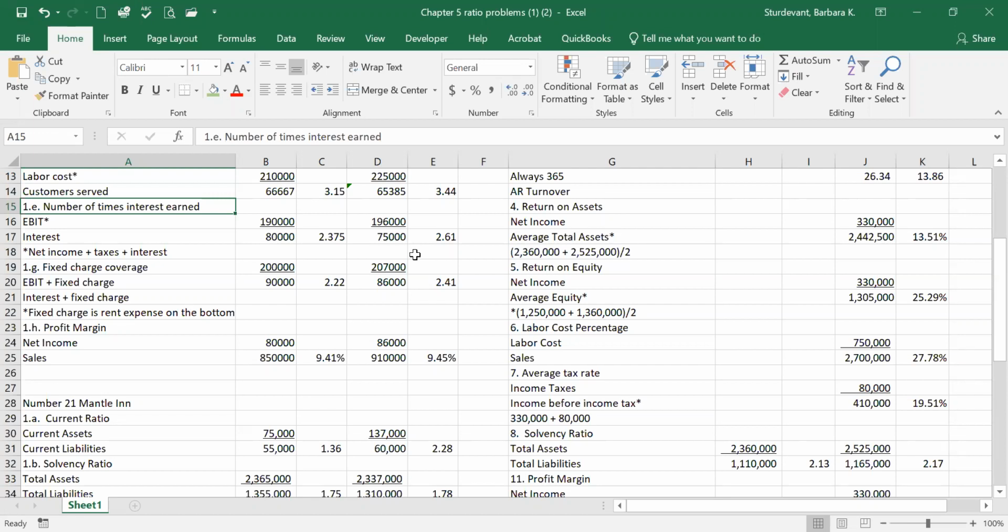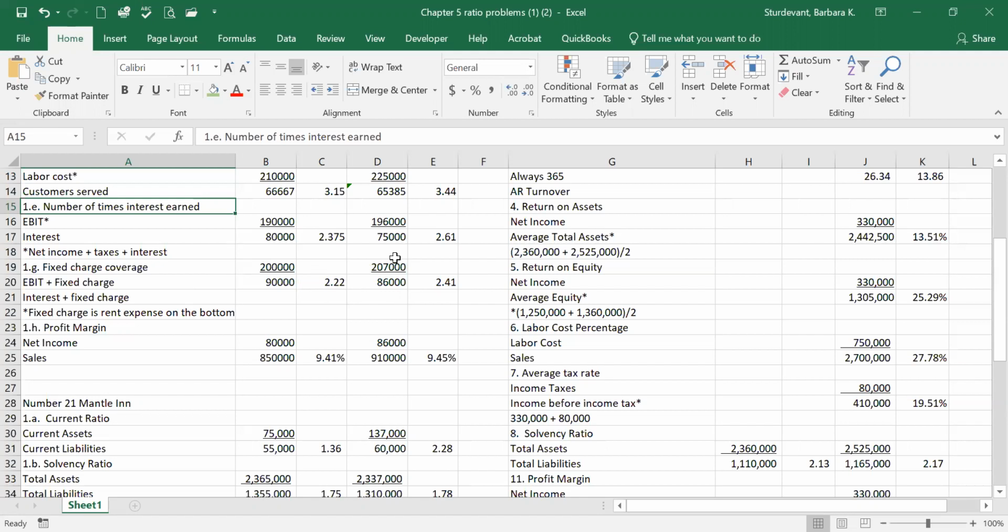Okay. So the next one basically takes this and adds the fixed charges to top and bottom. The fixed charge in this case is that rent expense on the bottom. So that's rent on some type of piece of equipment that if you don't pay the bill, they're going to come take it away. I started with these numbers, and all I did was add the 10 to top and bottom.